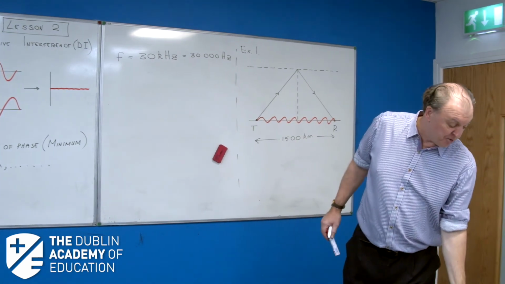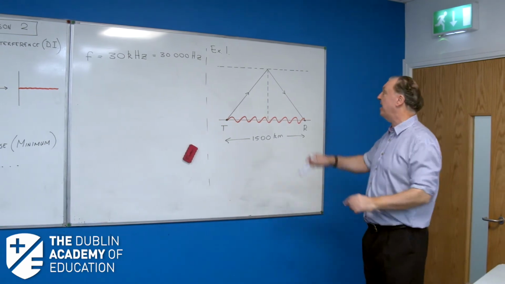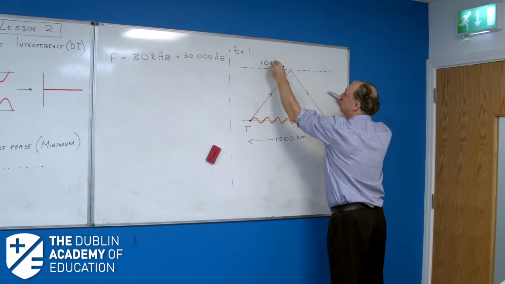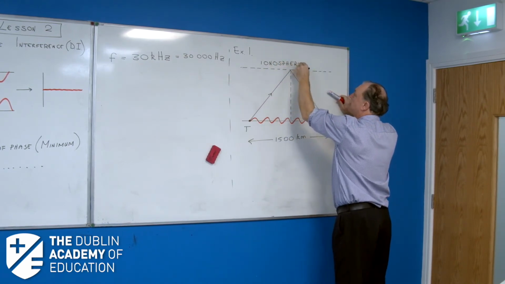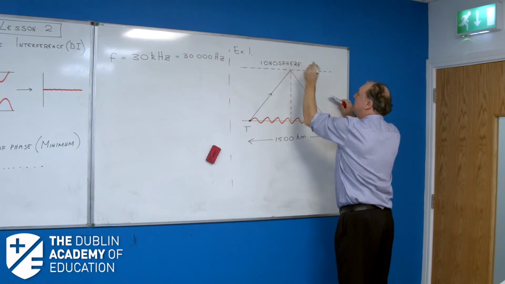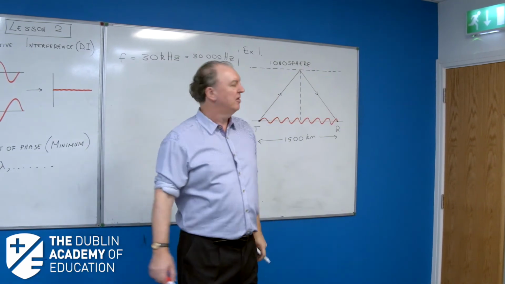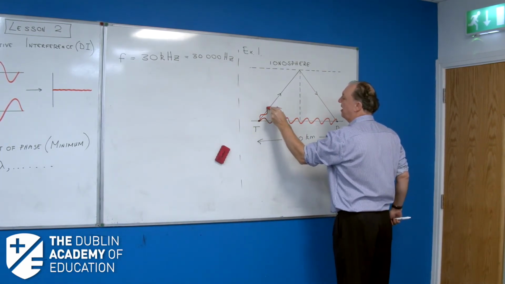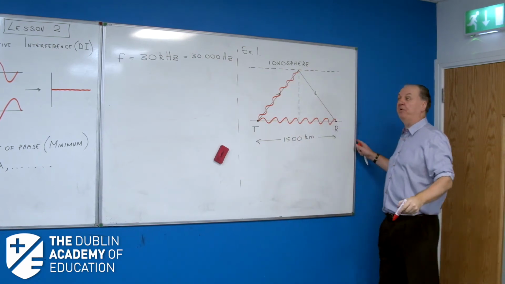But there's another way. There's a layer of ions high up in the atmosphere called the ionosphere. It's like a mirror in the sky for these radio waves. So the radio wave can also go up to that mirror in the sky, high, high up. I don't know how high up it is.